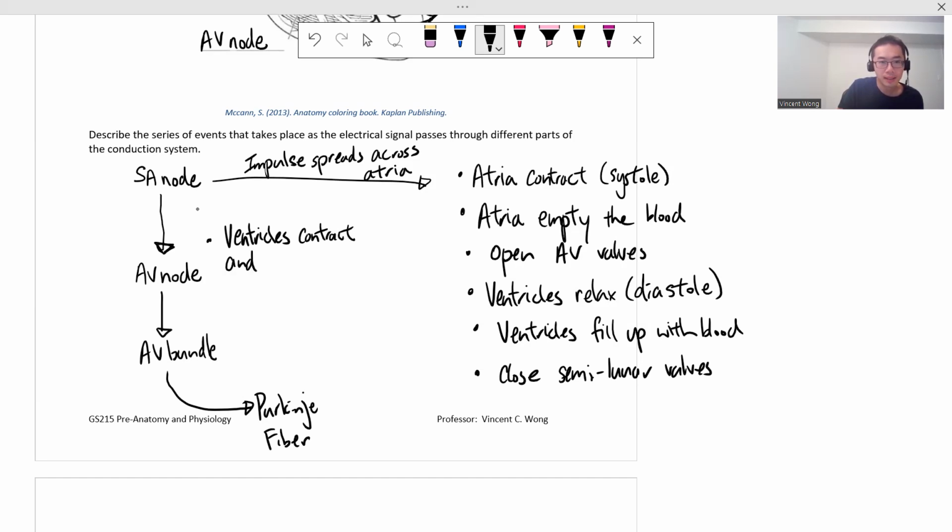And send blood to the pulmonary artery on the right side and aorta on the left side. But for the blood to go through them, you have to open semilunar valve.